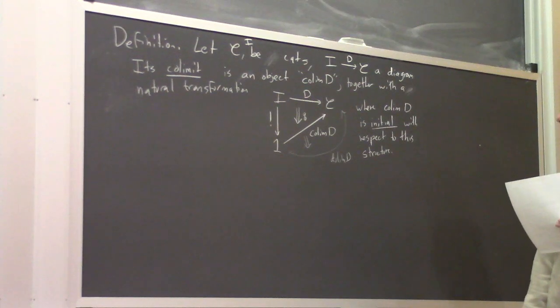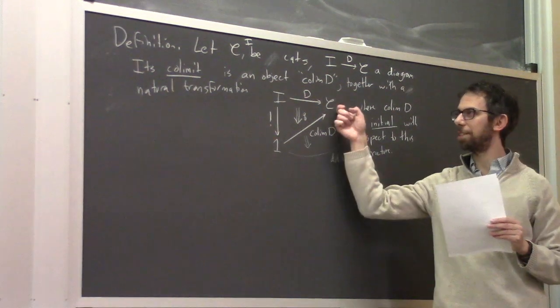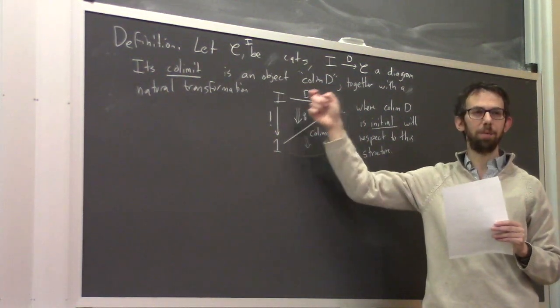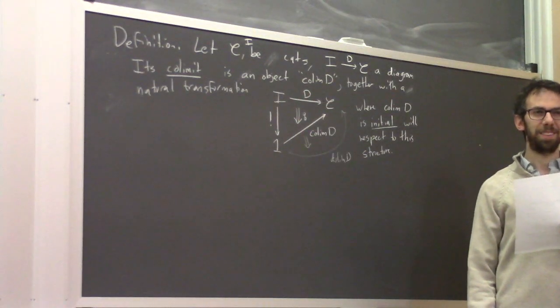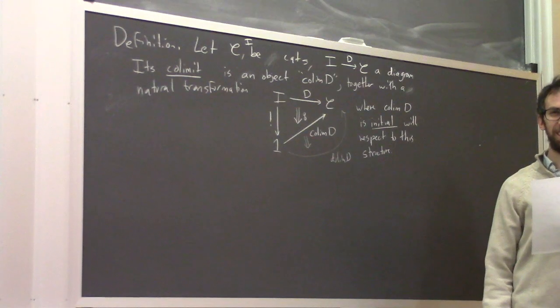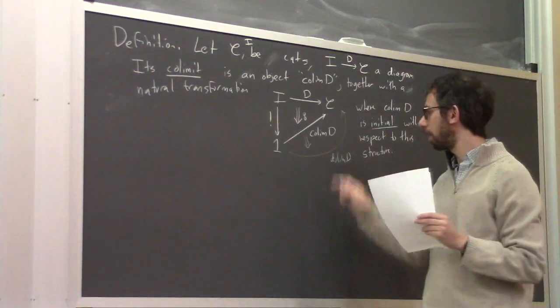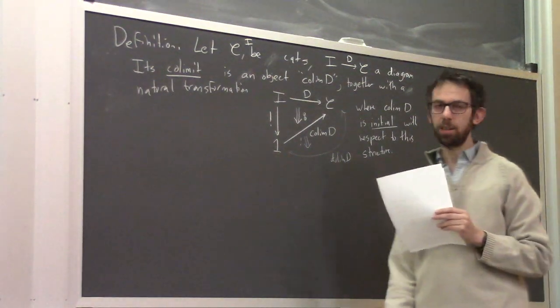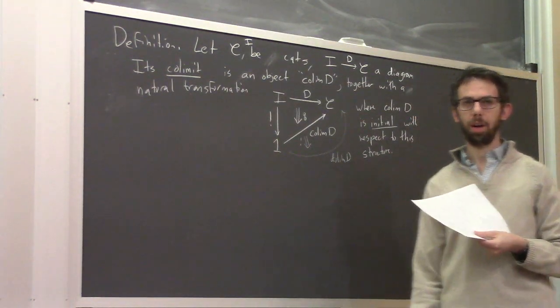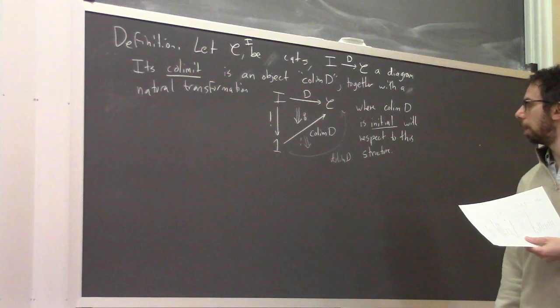It's the initial object in the category of all functors from this to this that come equipped with a natural transformation Q. So in particular, this map from colim D to dolim D should be unique. Yep, this map is unique.